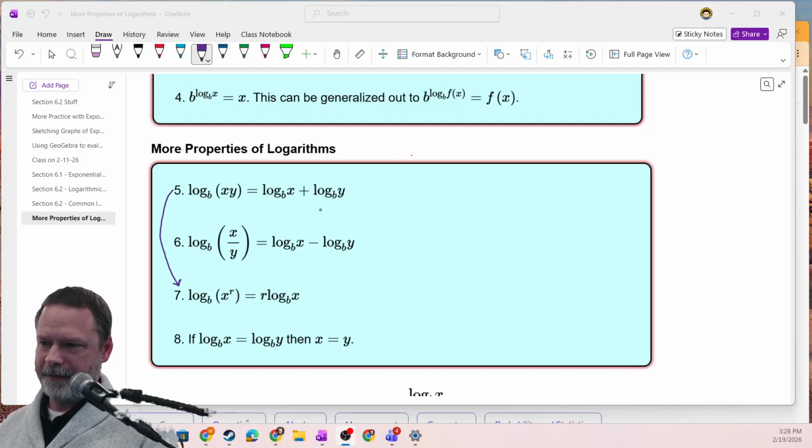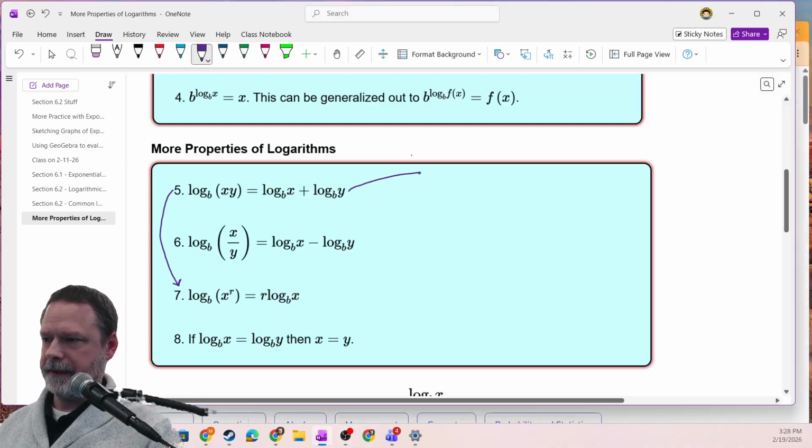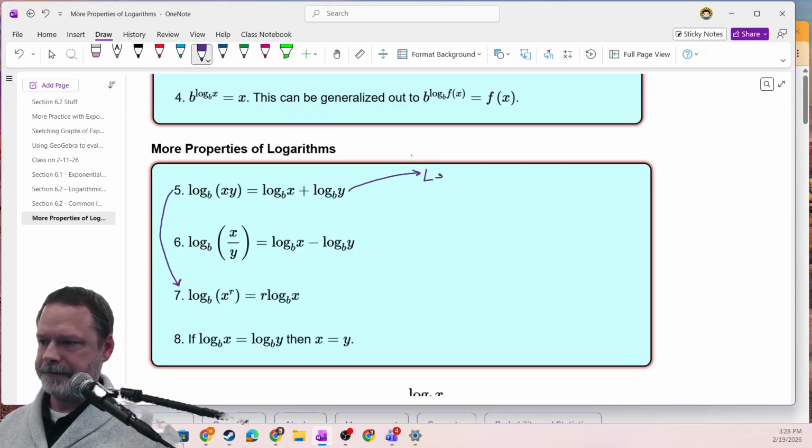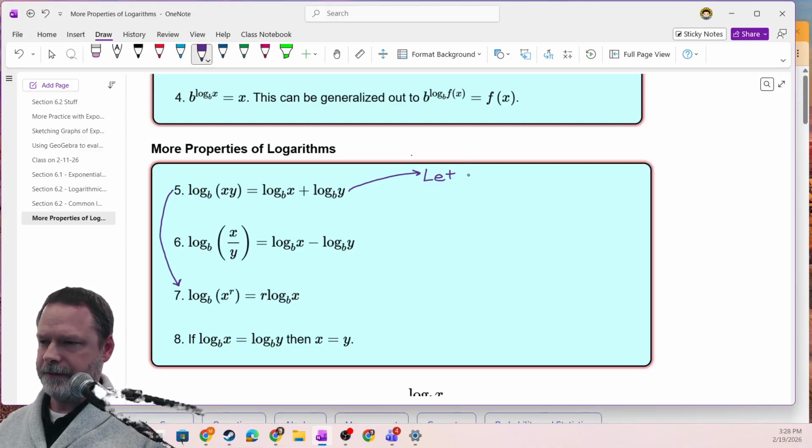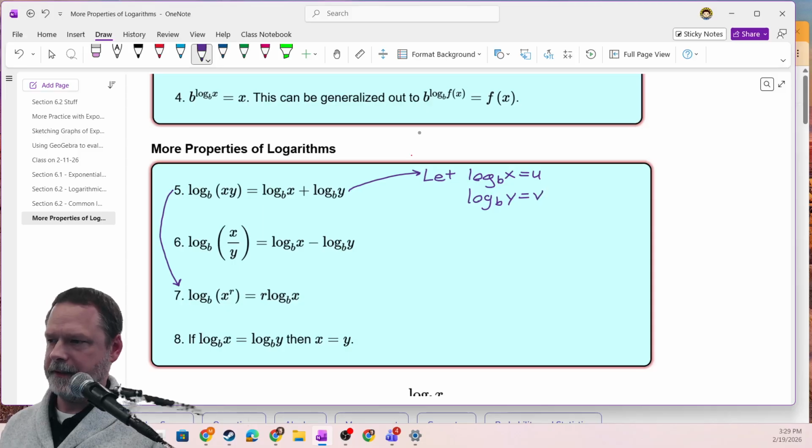Moving on. Okay, so let's prove this guy. I was playing around with this, and I think the way I want to do this, I'll do this off to the side here. So property 5, we're going to go ahead and prove. We're trying to prove property 5 here, a product property for logs. I'm going to say let log base b of x equal u and log base b of y equal v.